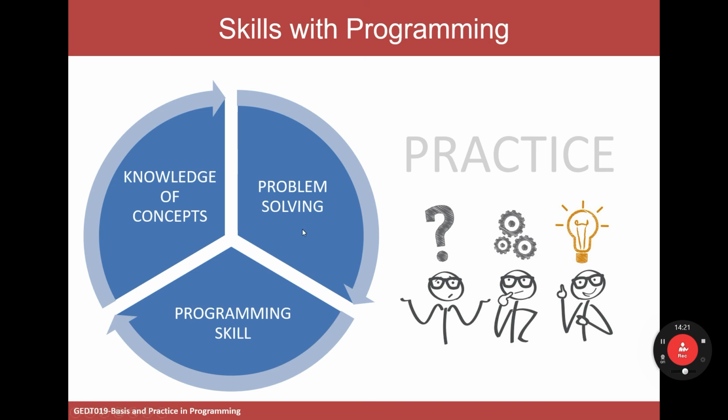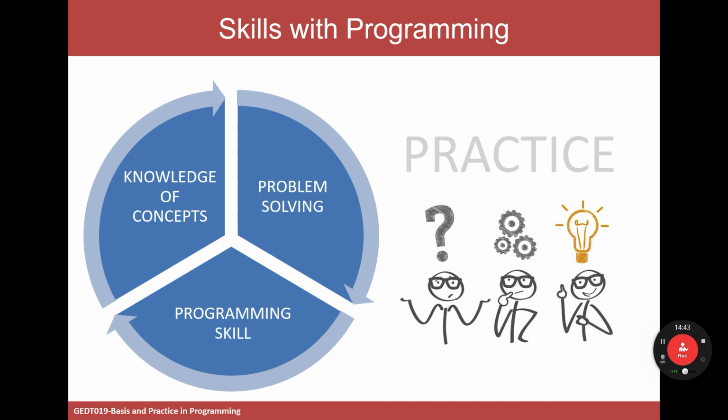So what you will learn from this course: you will learn many concepts related to computer science, and also you will learn how to think about a problem and how you can formulate this problem step by step. We call this algorithmic thinking. Like you will say, step number 1, I will do something.